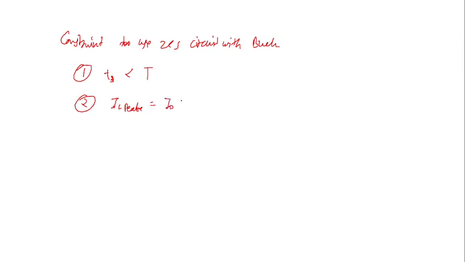So this is nothing but I naught plus Vs divided by Z naught. How much peak current you have to maintain depends on you. So by using these two constraints, you can choose the L and C circuit.